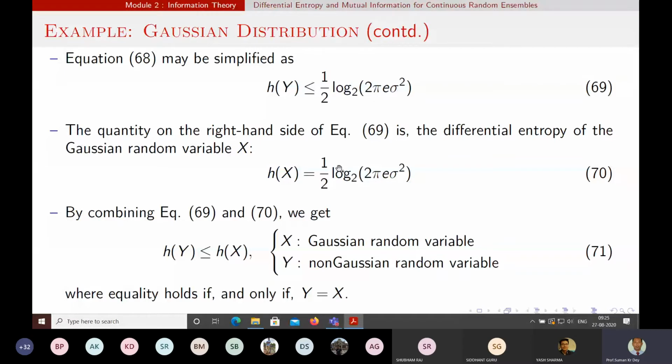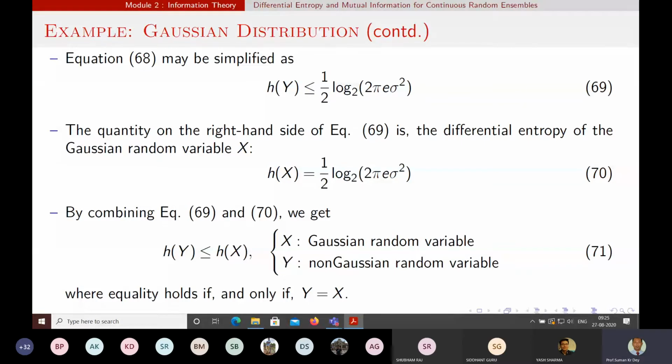Suppose you want to calculate a relative value with respect to something. Two variables x and y are there, and we want to find the differential entropy with respect to these two terms. If we consider the reference point to be s, and we want to calculate the differential entropy for random variable x, then the reference point and the random variable are both the same, so it will be equal.